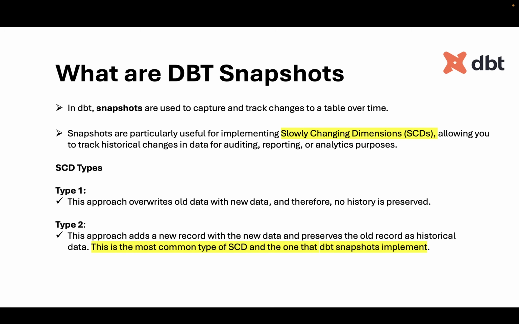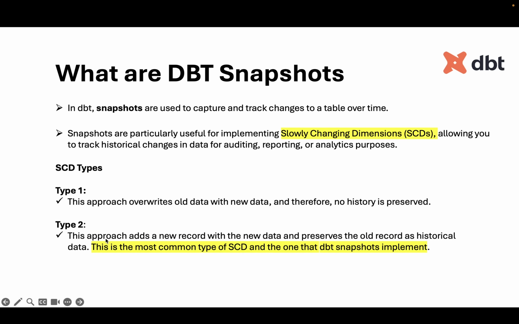Okay, and then the other one that we have here is SCD type 2, and this is the one that DBT uses. So DBT snapshots is basically SCD type 2, and this is the approach which adds a new record with the new data and preserves the old record as historical data. Like I mentioned, this is the most commonly used SCD, and this is the one that DBT snapshots implements.